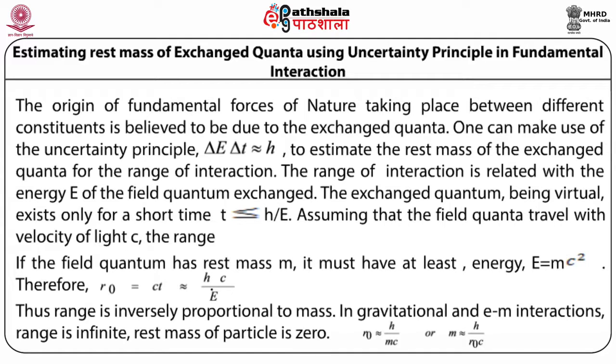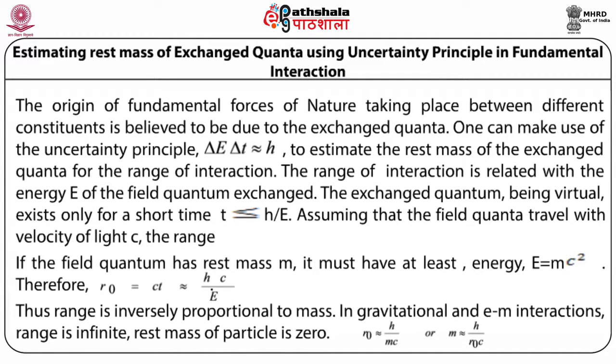Now, if the field quantum has a rest mass m, it must have at least an energy which is given by E is equal to mc square, where m is the rest mass, c is the velocity of light. Therefore, r0, that is the coordinate which is related to time in the 4 vector space, where r1, r2 and r3 are the x, y and z coordinates, and r0 gives the time coordinate.